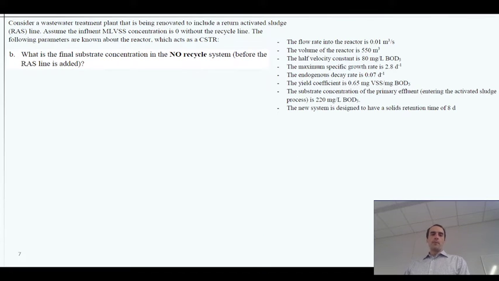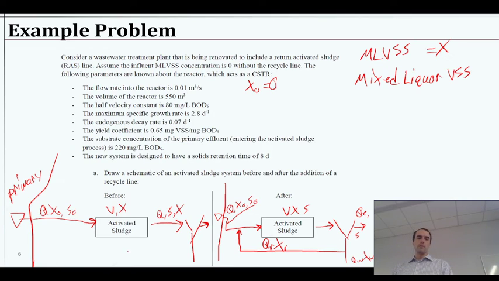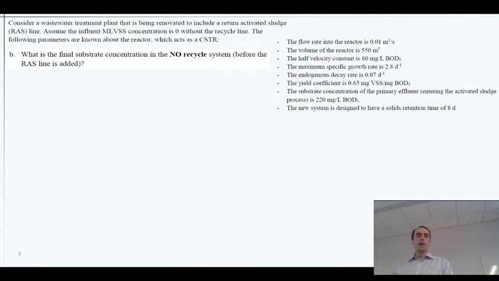Okay, so part B is essentially part A from what we did last time. This was with the no recycle system. This is acting just like it's a pond, right? That was the CSTR. It's like a tank, or rather the pond was like a tank. We have these growth conditions, all of that, and we said, what is the substrate concentration before the recycle line was added?